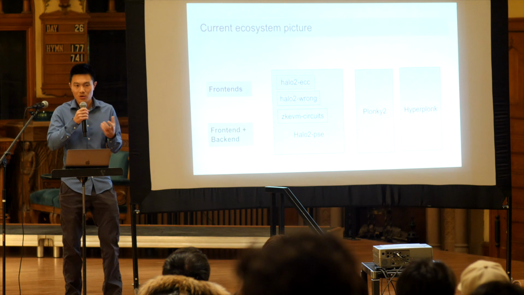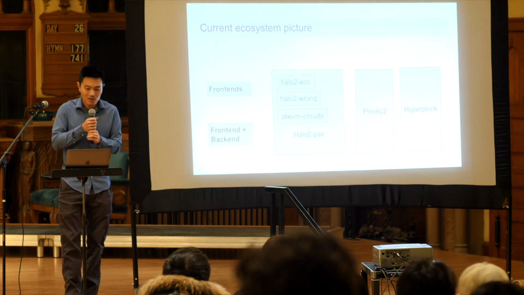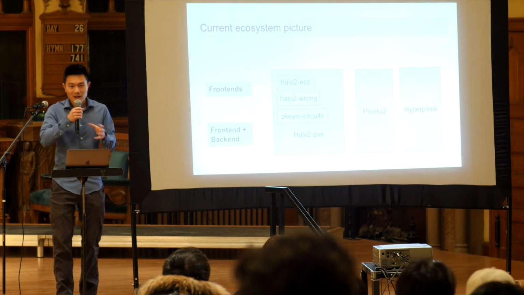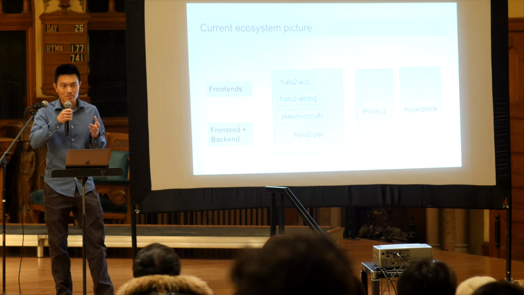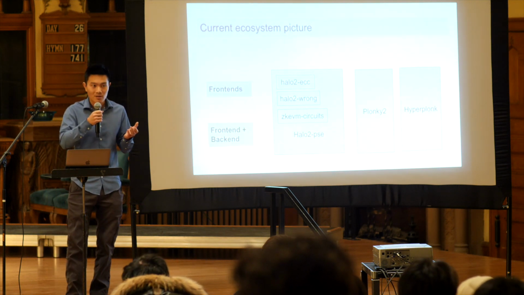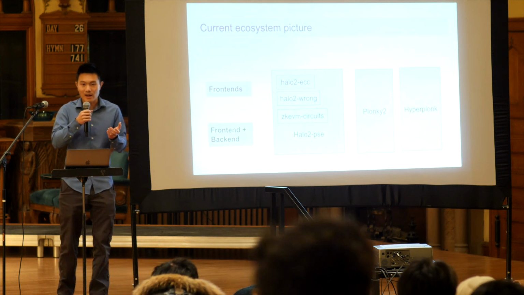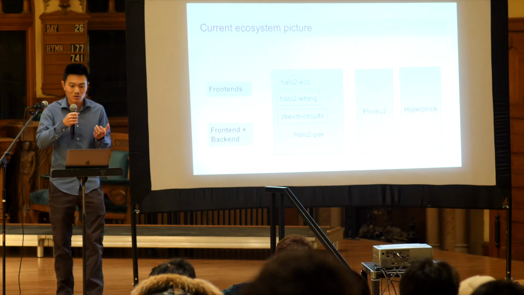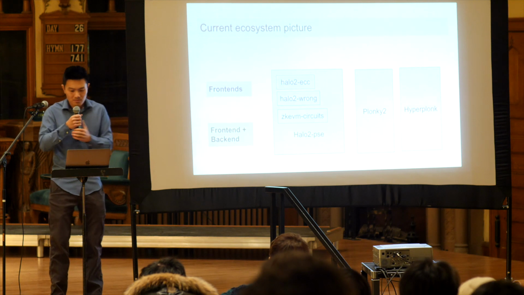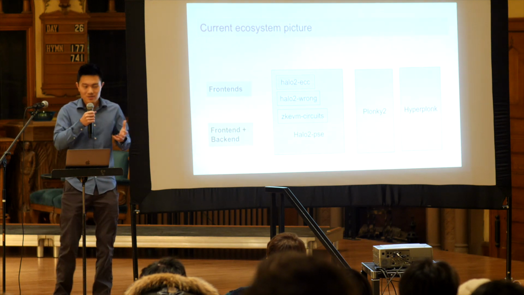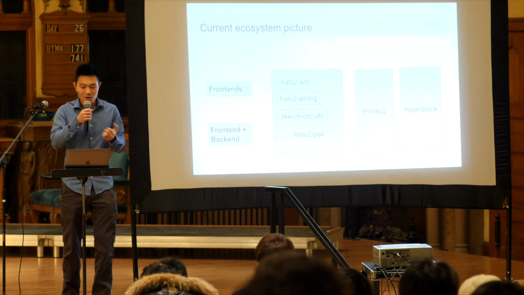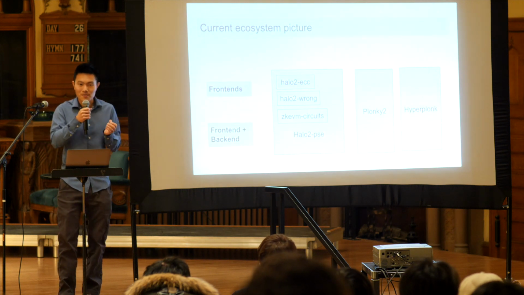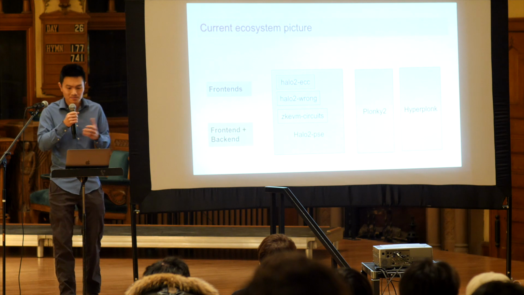You have access to polynomials, and you have the actual mathematical proof system. But to actually access that proof system in a usable manner, you had to provide APIs to build circuits. And each library has its own way of building circuits, right? So Halo 2 and Plonky 2 have different circuit builders. And so in this landscape, when you want to build a new backend, you're kind of forced to build a new front end if it has slightly different characteristics.